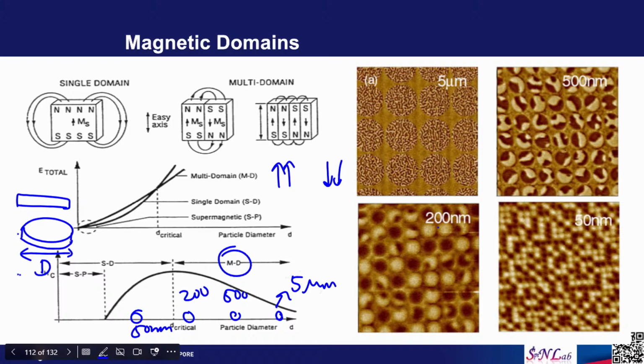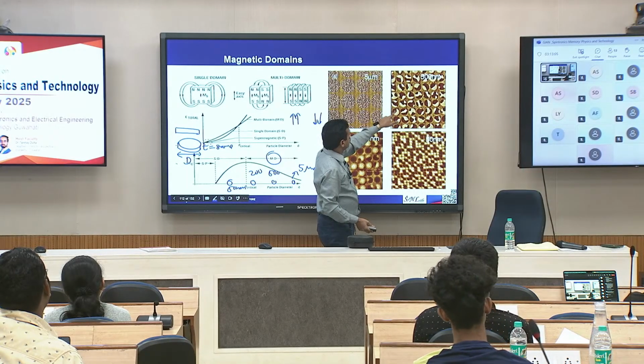Now, we look at another cylinder. All have the same thickness, this T is the same, only the diameter is different. So, now you look at the 500 nanometer diameter region. You see brown, beige color.